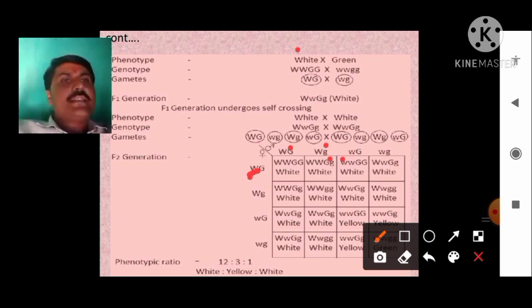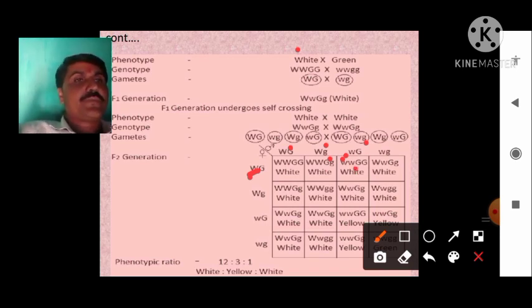Simultaneously, this is again crossed with this one. Now capital WG is crossed with small w and capital G. Look at this: both the letters for white are small w, though the green gene G is capital G. The genotype has capital double G, but the phenotype is white.